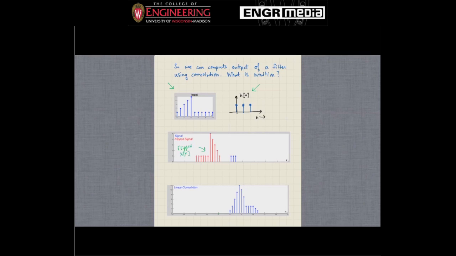And then we're sliding it to the right, and we're passing it through this blue filter. What I mean by passing it through the blue filter is we're just multiplying the points that line up and adding them together. And then the output is given down here.